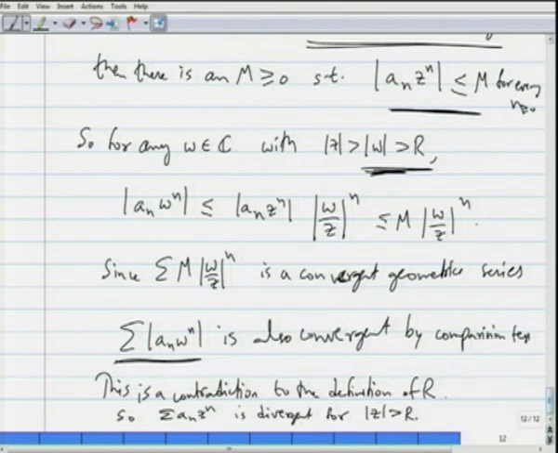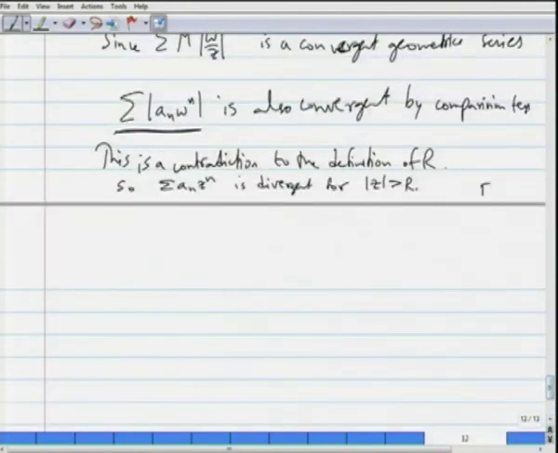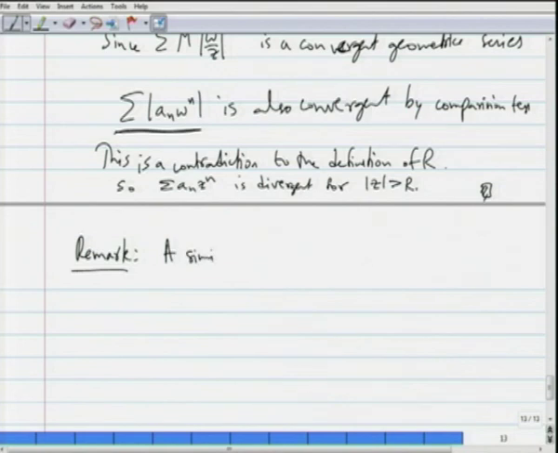So, that concludes the proof of this theorem, and I will remark that a similar statement holds for power series of type 2.